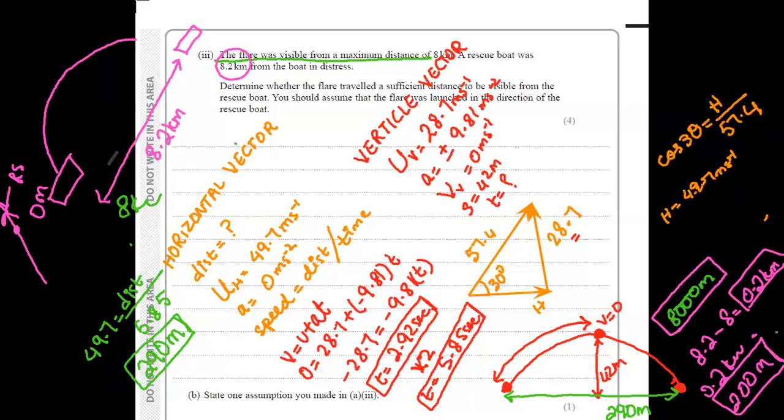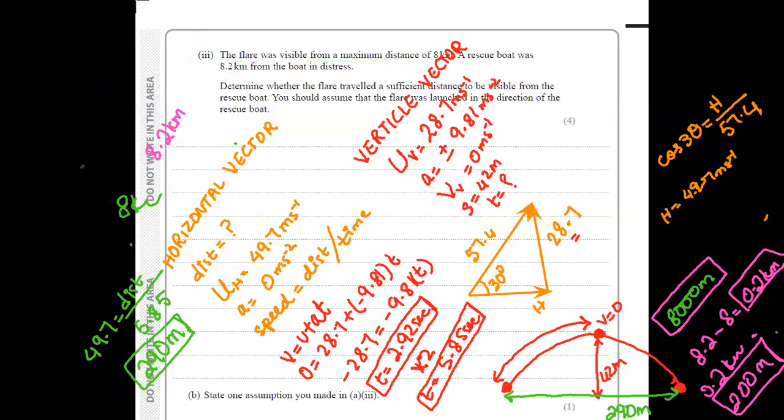what they actually mean by this statement is this. This is my boat. This is my flare. It goes up in the air, right? After it goes up in the air and, let's say, it lands, the rescue boat has to be within 8 kilometers of this flare at any point, whether from the start, or here, or when it is landing.